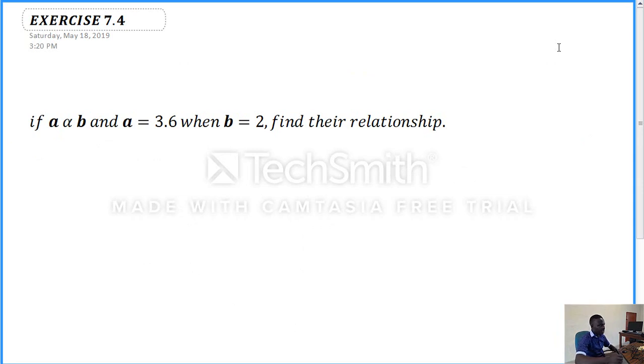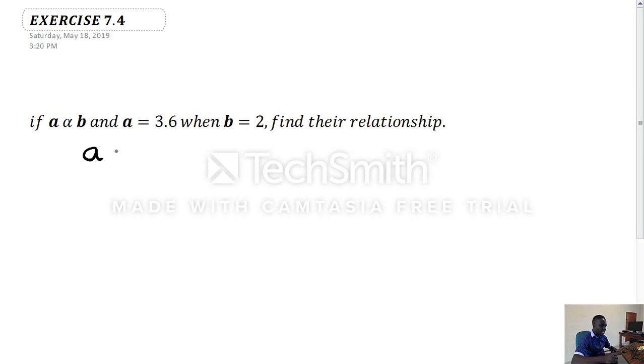In the next equation, we are told that if a varies directly as b and a is equal to 3.6 when b is equal to 2, we should find the relationship. Now, expressing this, we have it that a is equal to kb.